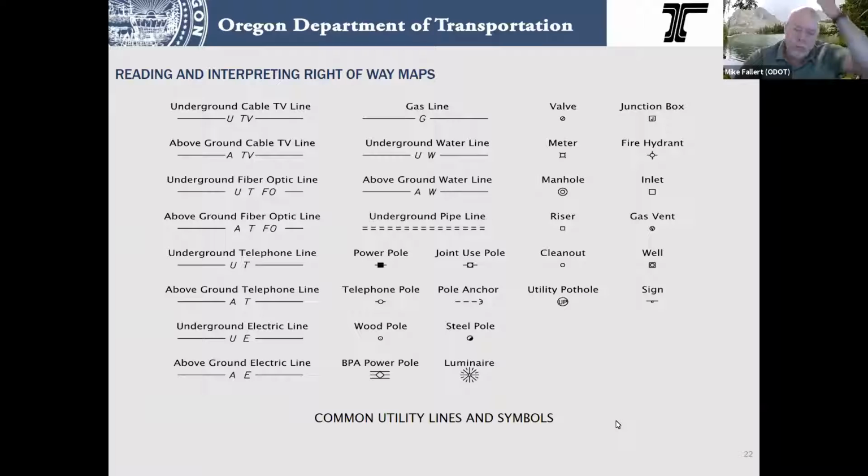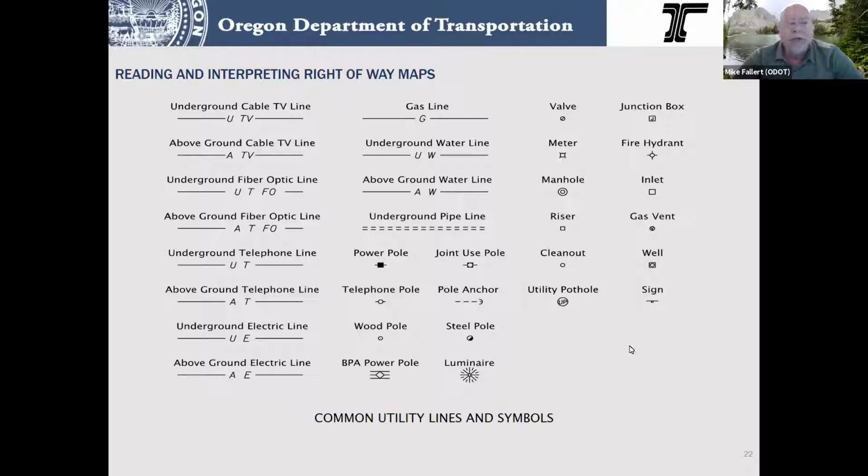So common utility lines. You'll say, well, why right-of-way maps? Why do we care about utilities? Well, we use the topographic map that is given to the survey group, and we show the lines, and we have all that grayscaled in the back.